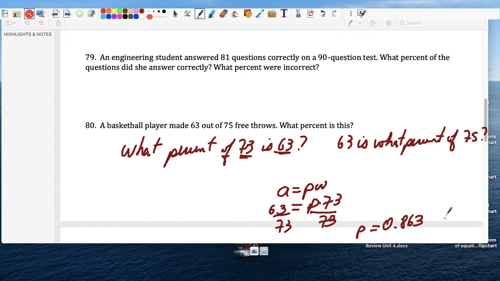I'm going to leave it at that, or 86.3. So this is what you would see on your TV screen when this guy's shooting. The commentators would talk about it and say, hey, his free throw shooting percentage for this season is 86.3.